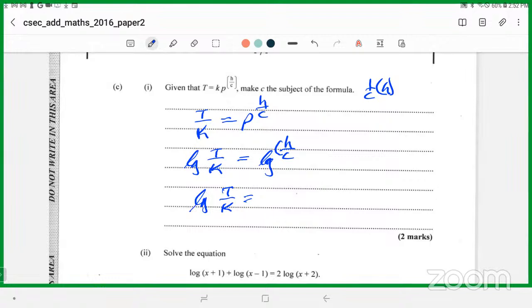I need to put the log in front of it. Log of P.